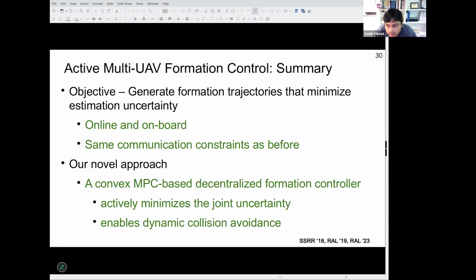Okay, I think I went into too much detail now, but let's summarize very quickly what we did for this second method. The formation controller is a convex MPC that outputs UAV trajectories while actively minimizing the joint target uncertainty and enabling collision avoidance. This runs on board and online on all UAVs.